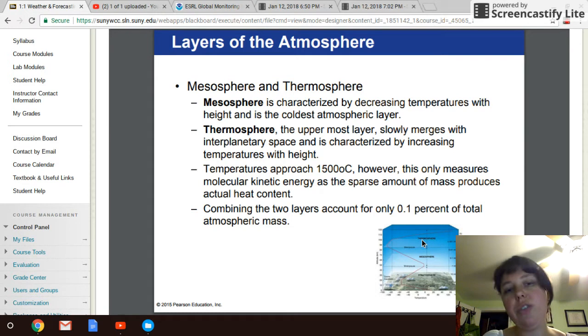Now, the thermosphere does not have a lot of particles up there. There's not a lot, and they are very, very spread out. Anytime sunlight interacts with those particles, they are incredibly reactive. But the deal is they're so spread out that the opportunity to collide with those particles is very rare. And so the thermosphere is incredibly hot, but the particles are incredibly spread out.